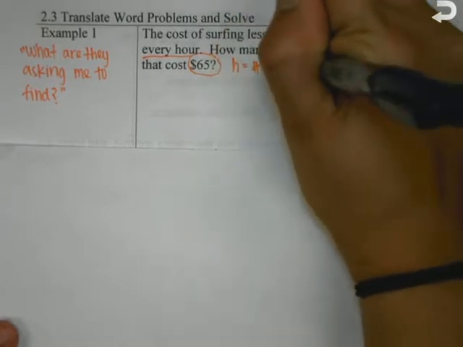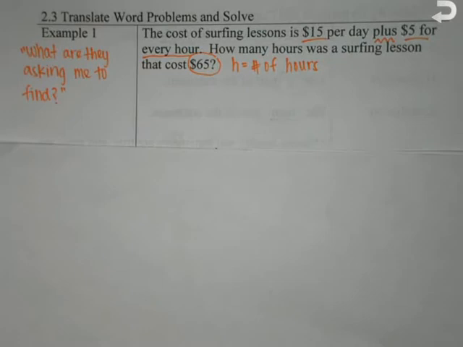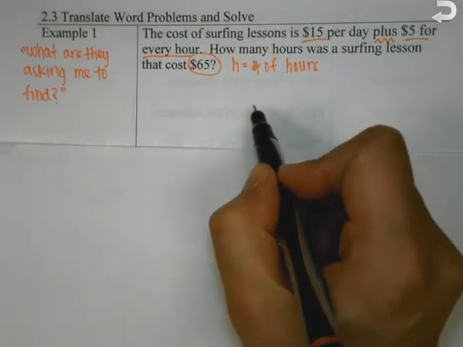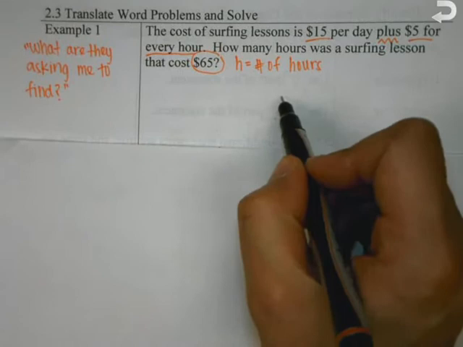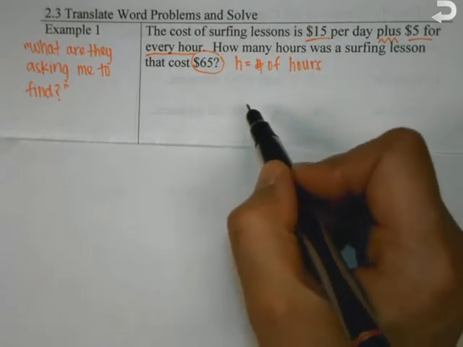If you do not define the variable, you could get your answer as H equals 12, and I don't know what the heck H means. Or you might use X. I don't know what X means. I know you're solving for X, but what does X stand for? So you have to define the variable anytime you have a word problem. Your homework should have this every time. Your quizzes, your tests should always have defining the variable.